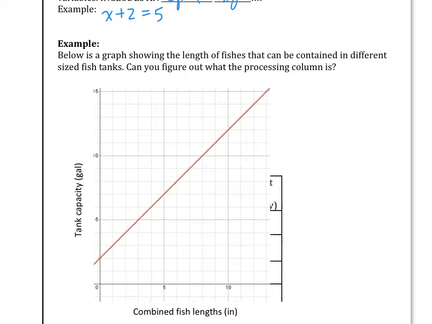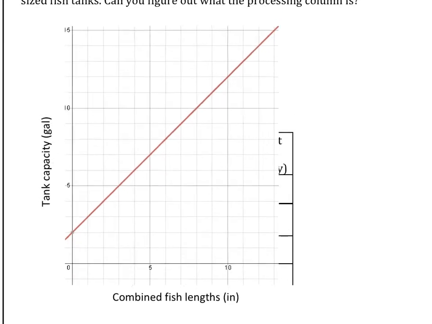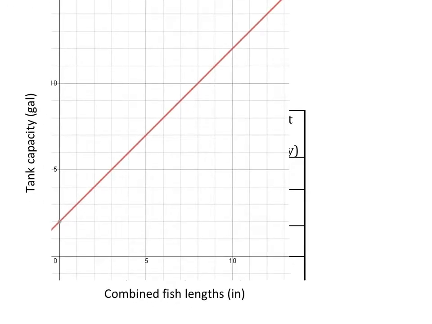All right, let's look at this graph. This is a graph that shows the length of fishes that can be contained in different sized fish tanks. Can you figure out what the process column is? So on the bottom is the combined fish lengths, and on the y-axis is the tank capacity that they suggest you have.